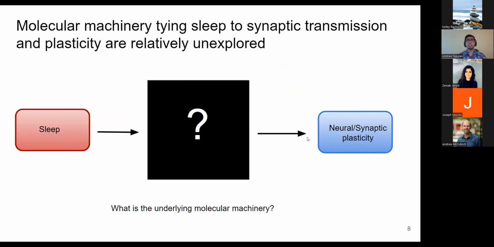And so the basis of my project is that I want to investigate what the underlying molecular machinery is that ties sleep to neuroplasticity. From the previous slides, we get some bits and pieces of what this black box actually is.